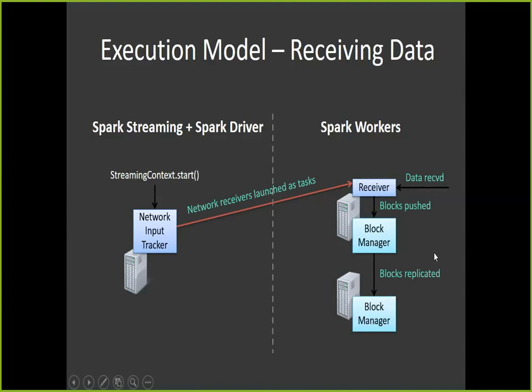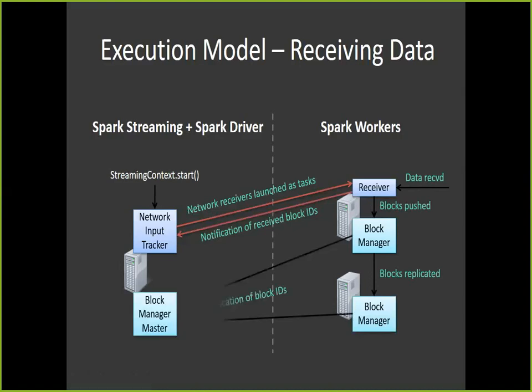Once the blocks are successfully replicated, a notification of the received block IDs will be sent back to your driver: I have received so-and-so block ID. And here in the driver, the block manager master service will be notified with all the locations of the block IDs.